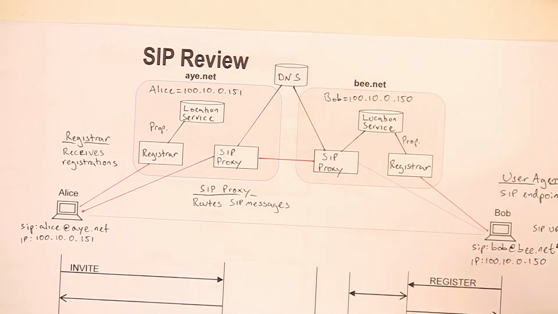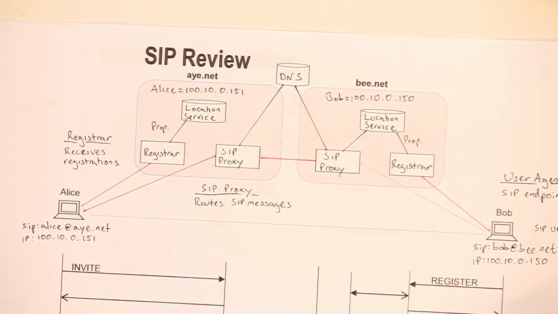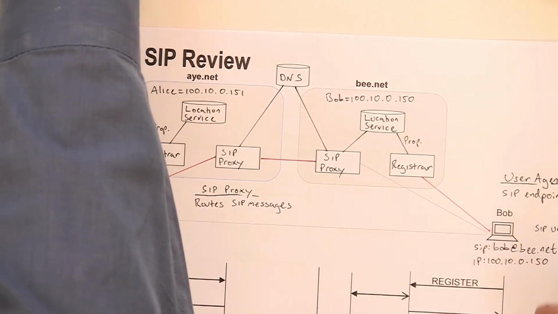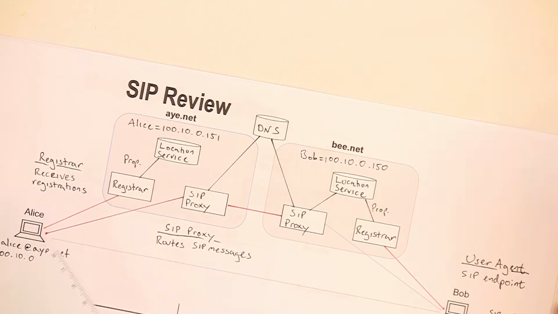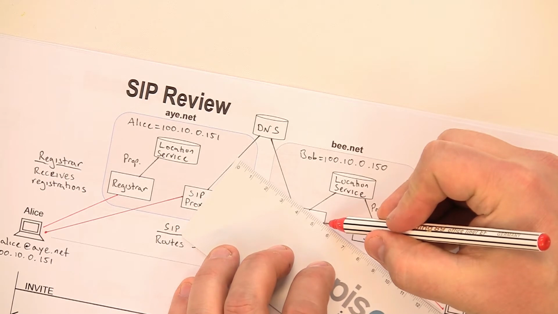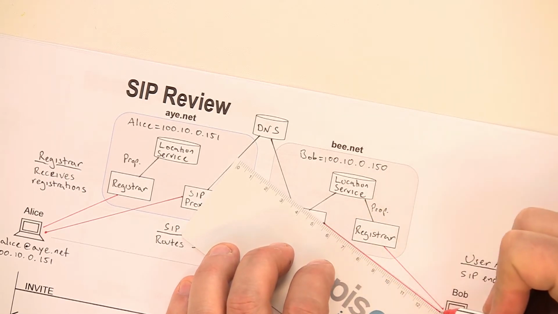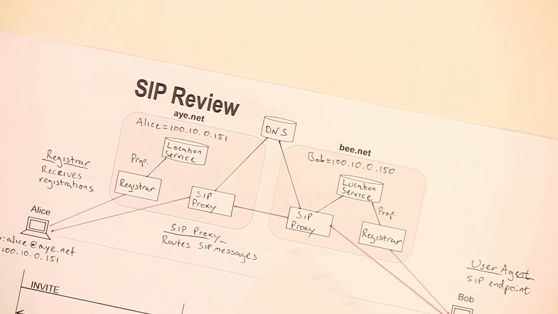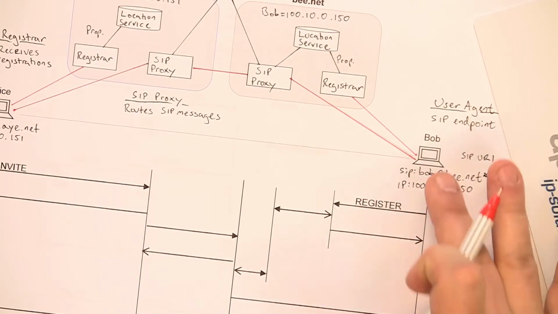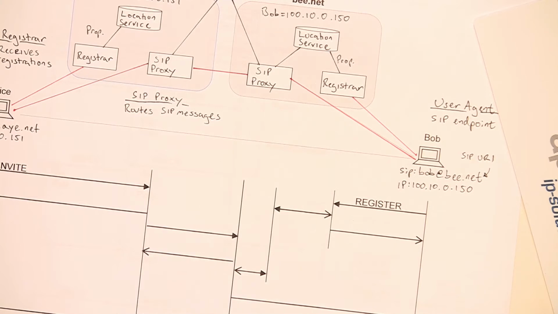So up here, Bob is registered as 100.10.0.150, which means the SIP proxy can now forward the message to Bob's phone down here, Bob's user agent.